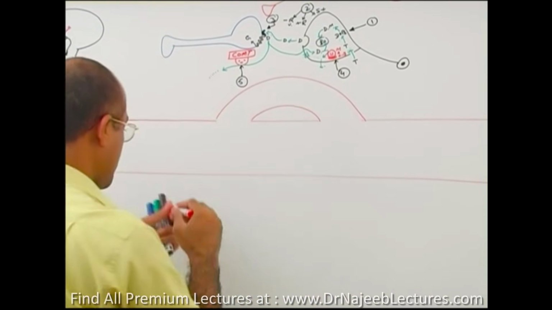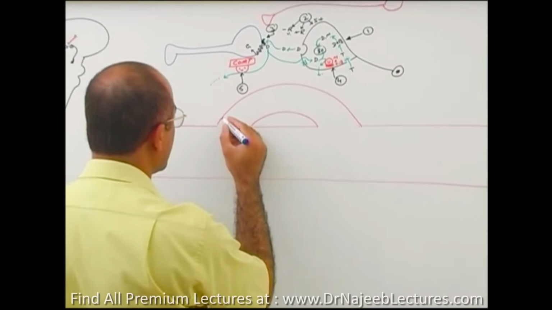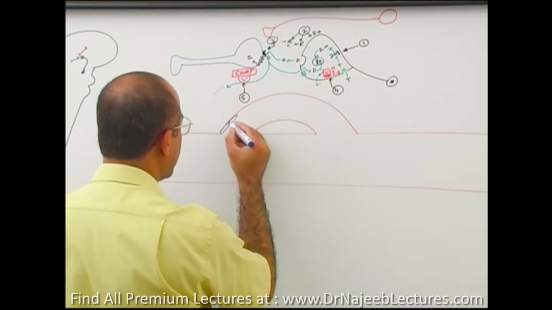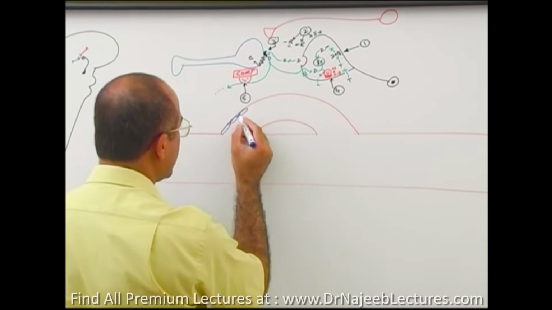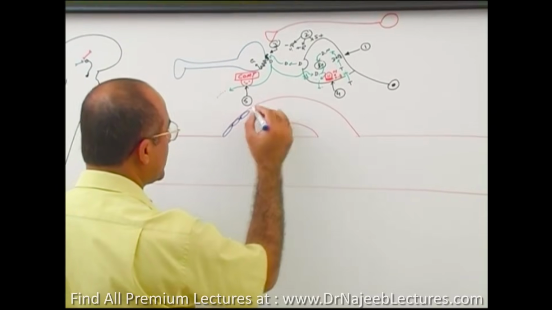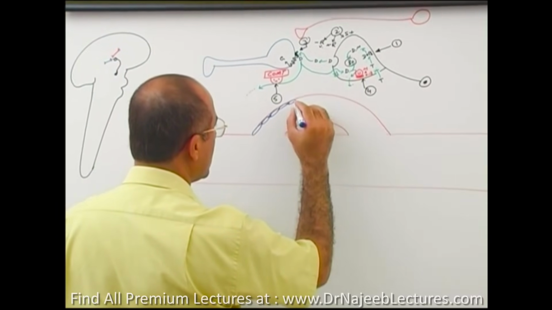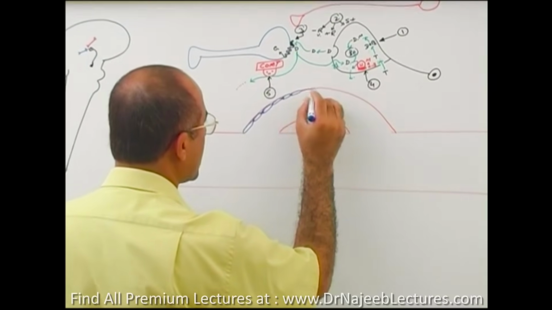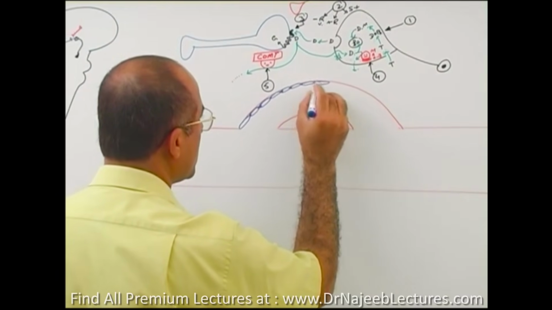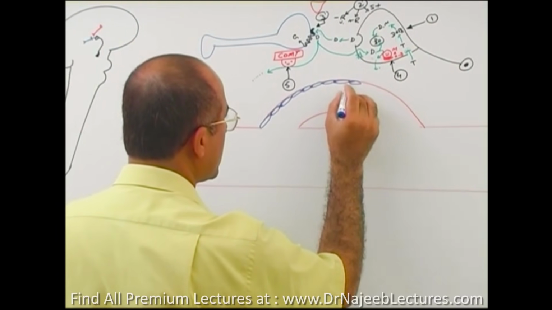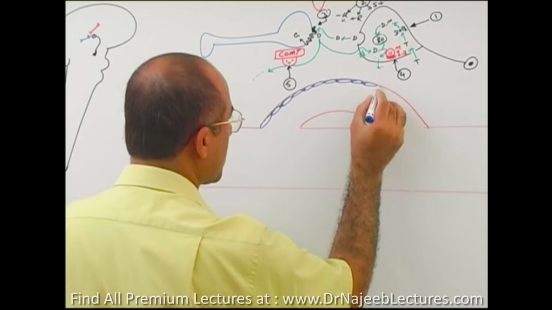This is made by specialized endothelial cells which are lining the cerebral vessels, and these endothelial cells have very tight junctions and they allow only selective substances to enter into the central nervous system from cerebral capillaries.